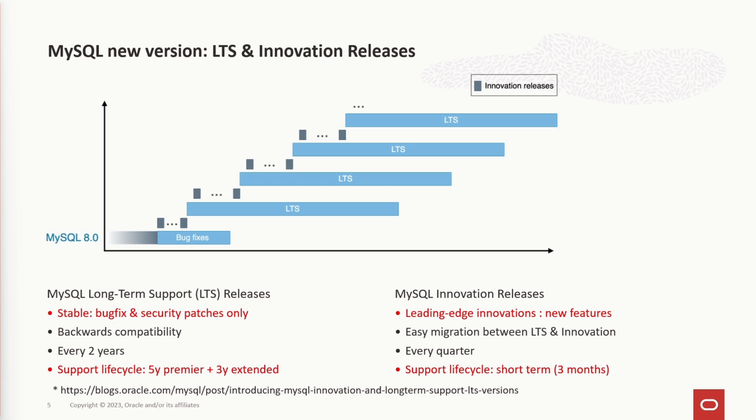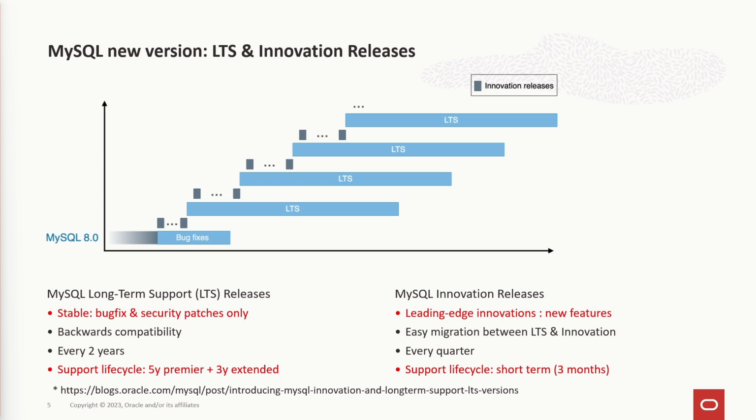Then some customers faced a problem: they could not roll back to the previous version. That was a backward compatibility issue, and we want to support backward compatibility. That's why we adopted the LTS release.